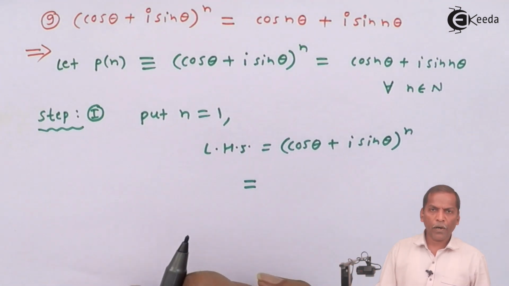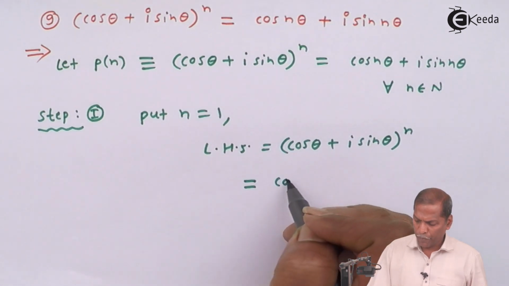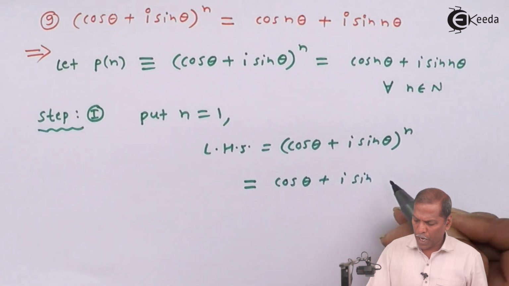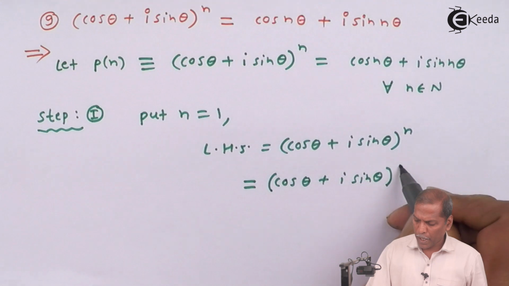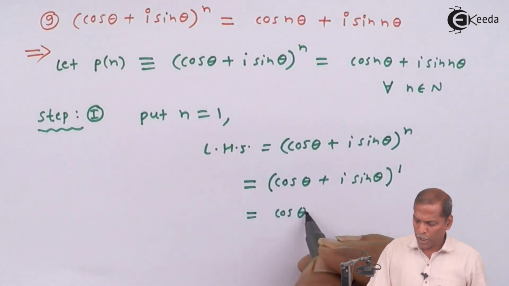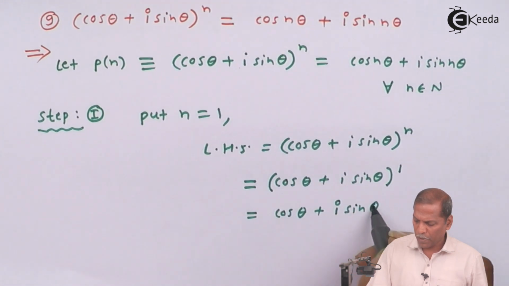Now for n we substitute 1, so the next step is (cos theta plus i sin theta) whole raised to 1. That gives us cos theta plus i sin theta.